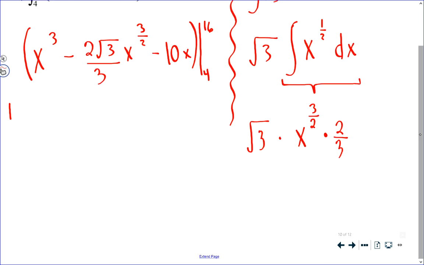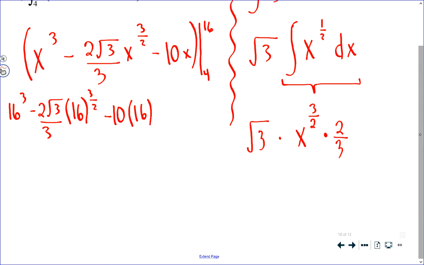I'm going to have 16 cubed minus 2 root 3 over 3 multiplied by 16 to the 3 halves minus 10 multiplied by 16. Then I am going to have to subtract that entire expression again, but this time instead of putting 16 in, I'm going to put 4 in.